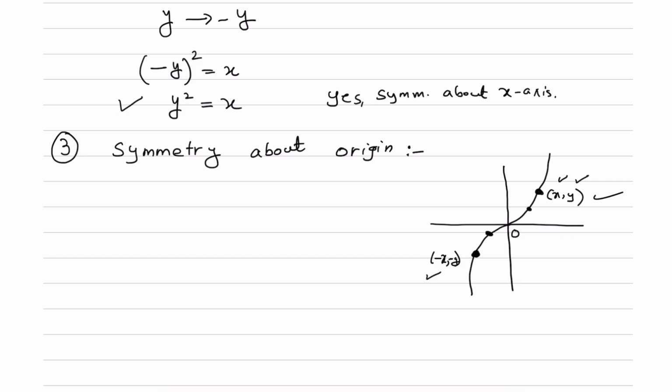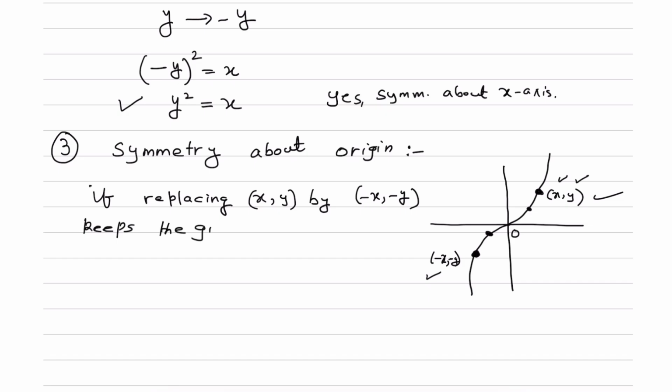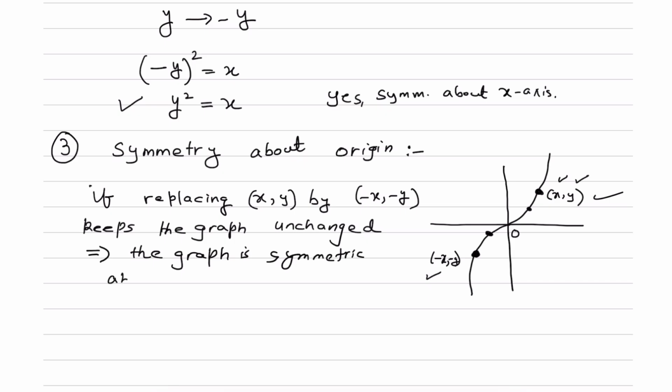Or we can say that if replacing x y by minus x minus y keeps the graph unchanged, we say that the graph is symmetric about origin.